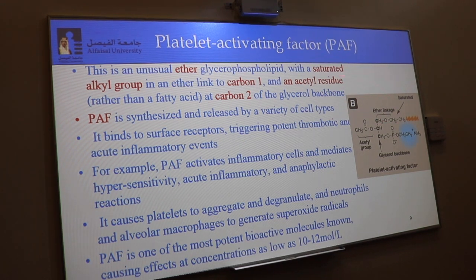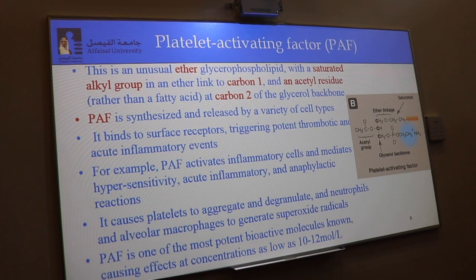So what about this platelet activating factor? You have a hydrocarbon chain here, and an acetyl group on carbon number 2. The importance of this structure, called PAF or platelet activating factor, is that it binds to a surface receptor and triggers potent thrombotic and acute inflammatory events.